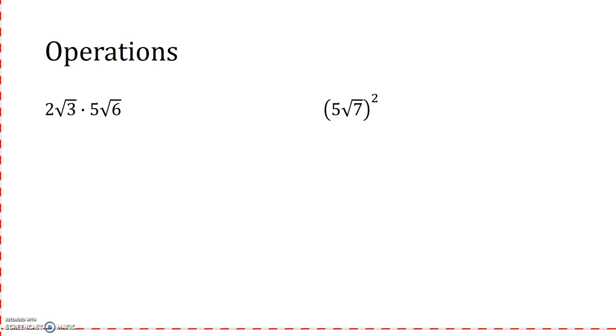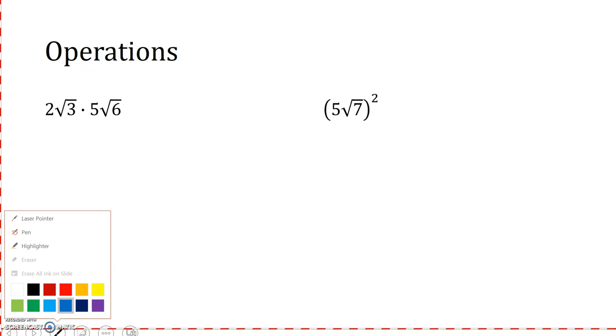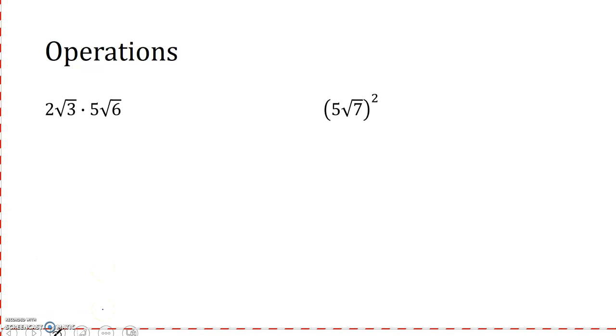We touched on this briefly when we were reducing radicals. But now let's talk about just some basic operations. Whenever you're in a situation like this, where you have radicals multiplied to radicals, you can multiply the numbers out front together, the 5 and the 2. You can say 5 times 2 is 10.